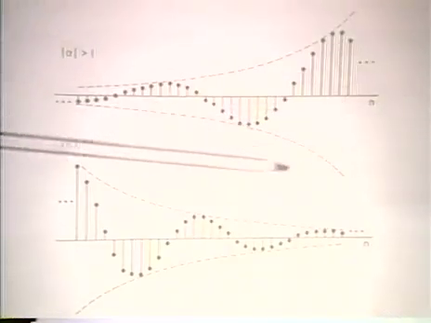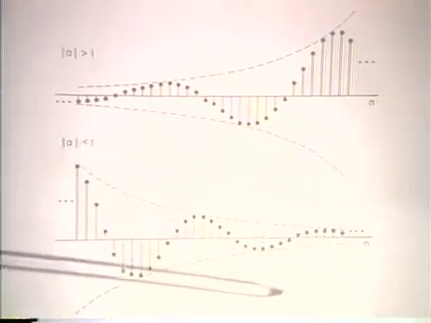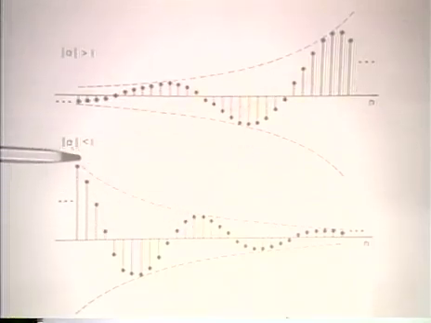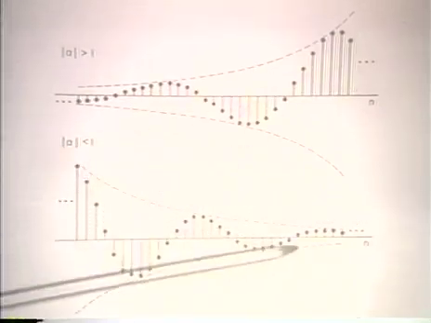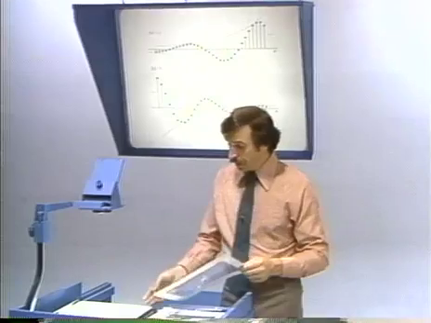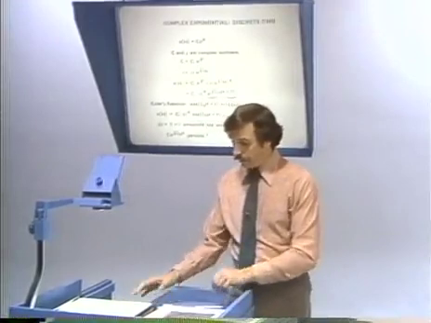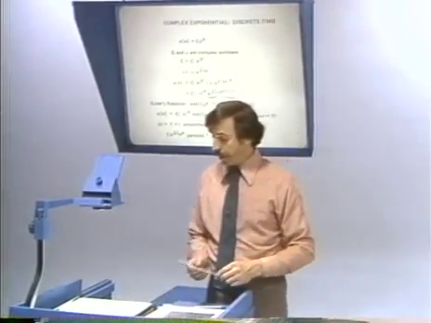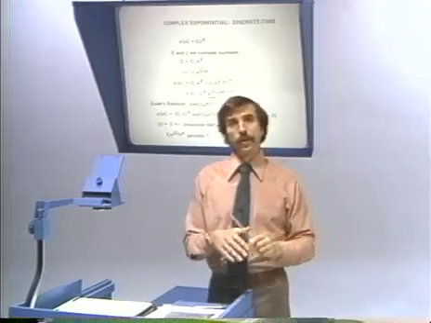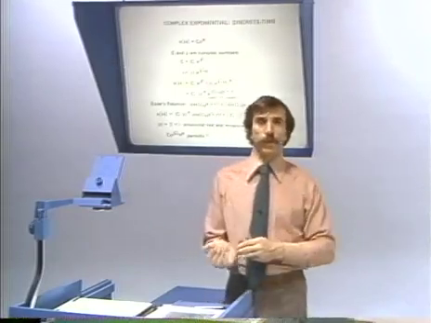Here we have the magnitude of alpha greater than 1, and here we have the magnitude of alpha less than 1. In both cases, sinusoidal sequences underneath the envelope, and then an envelope that is dictated by what the magnitude of alpha is. Okay, now in the discrete time case then, we have a result similar to the continuous time case, namely components in the real and imaginary part that have a real exponential factor times a sinusoid.